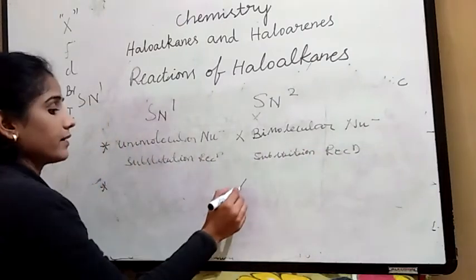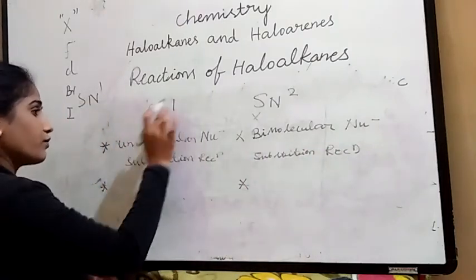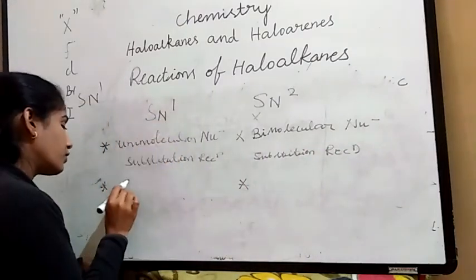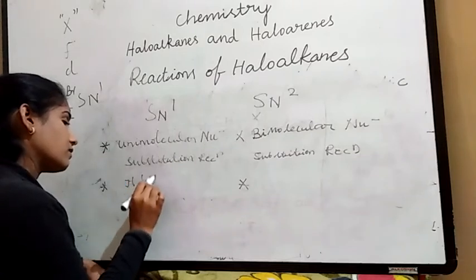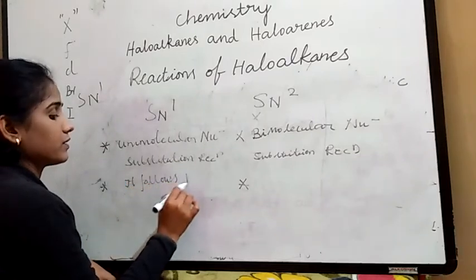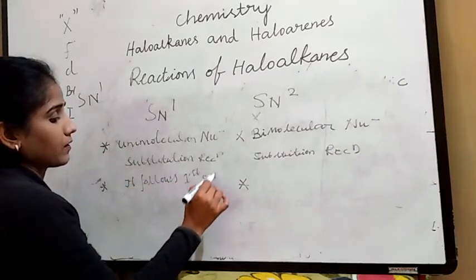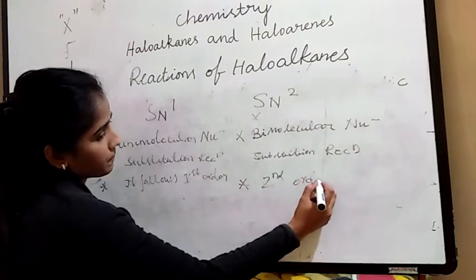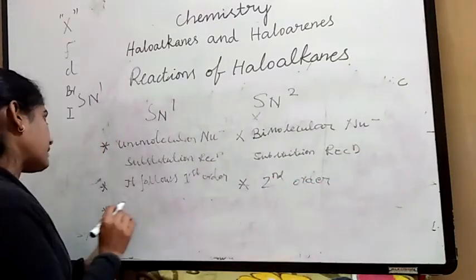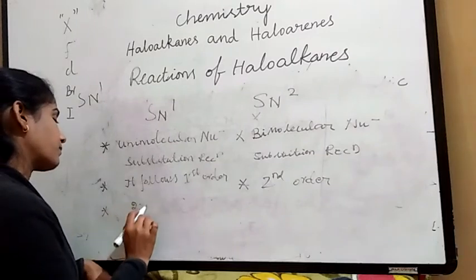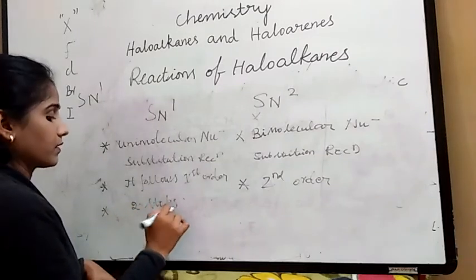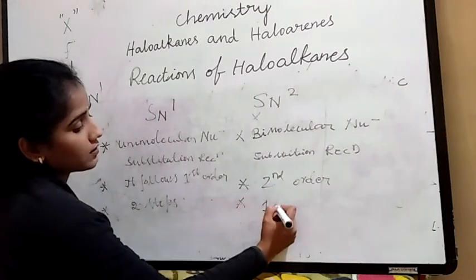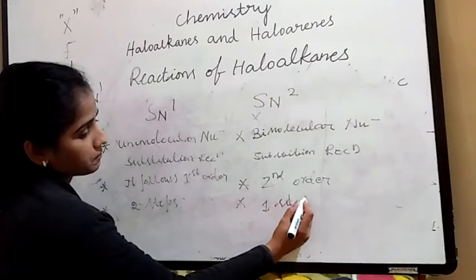So the second is, SN1 follows first order, right? SN2 follows second order. SN1 takes place in 2 steps. SN2 takes place in a single step or one step.